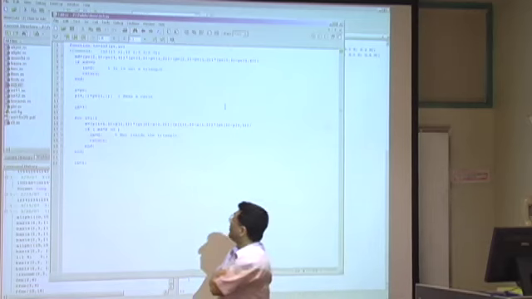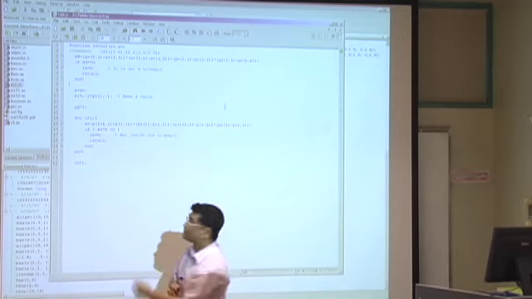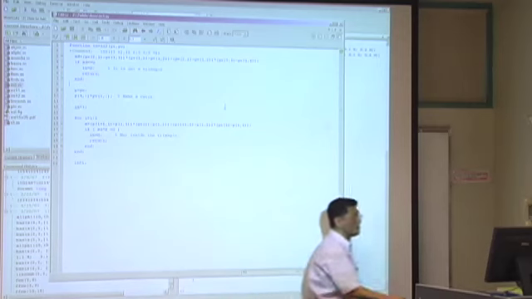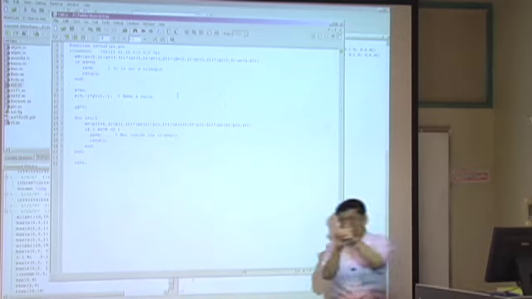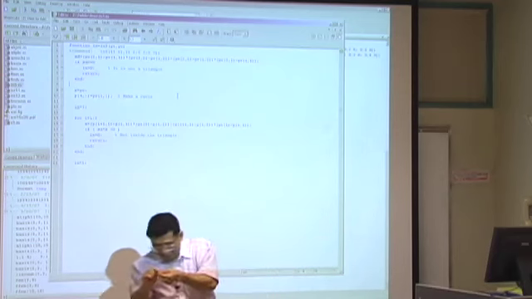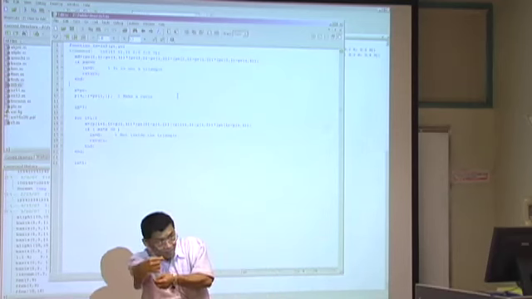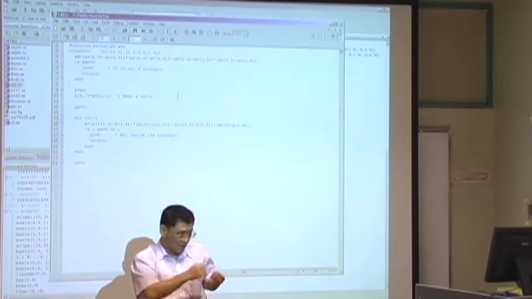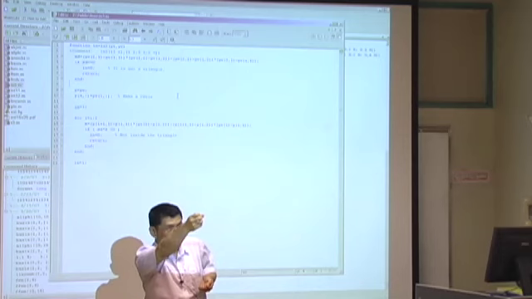And now, for a technical reason, because I want to form a vector from the first point to the second point, to the third point, and then from the third point back to the first point, I copy the first point into P4.